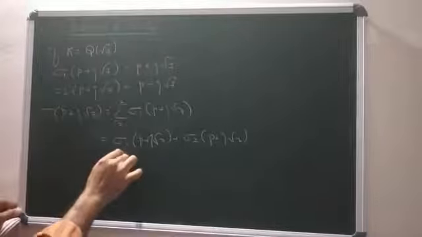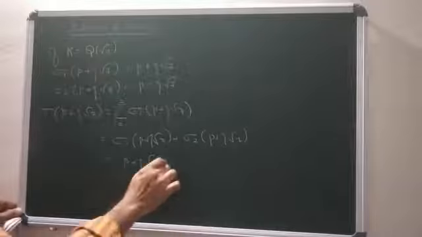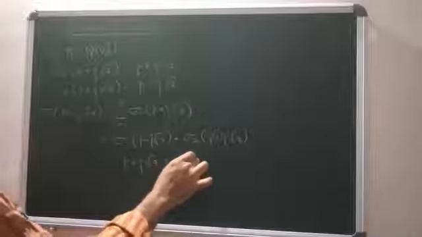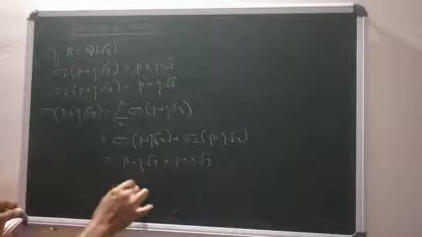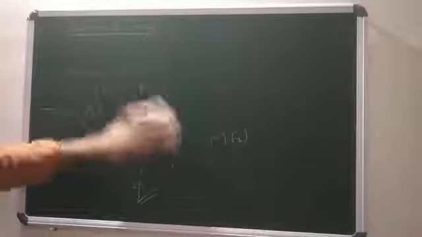The first one, we know, is P plus Q root 7, and the second one is P minus Q root 7. So we get 2P. So the norm of P plus Q root 7 is P square minus 7Q square, but its trace is 2P. Agreed? So this is the method to find the norm and the trace.